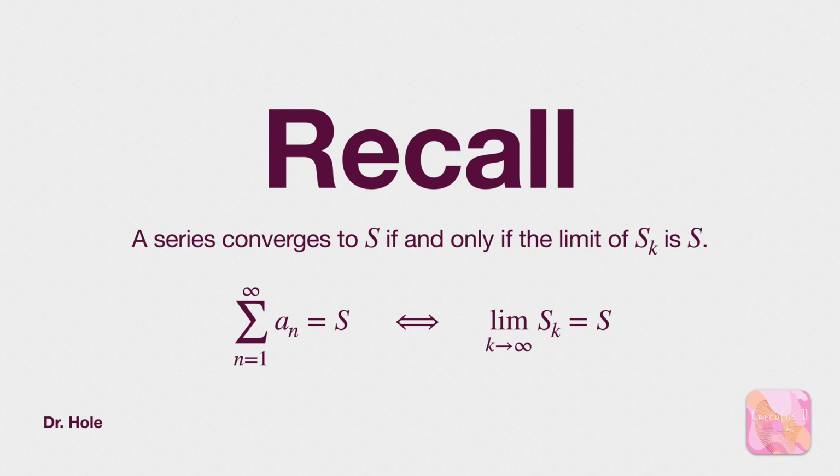Thus, we'll have a sequence of terms. So s sub k is a term in a sequence. And then we can look at the limit of that sequence. And if the limit of that sequence is s, then by definition, the series converges. Very nice.